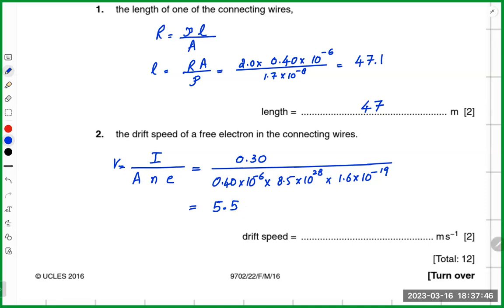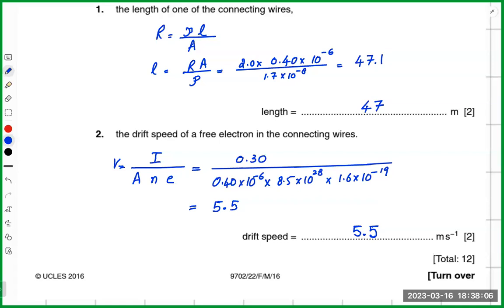I'm getting 5.5. I'm getting far lower than that. I'm getting 5.5 into 10 to the power minus 5 meters per second.